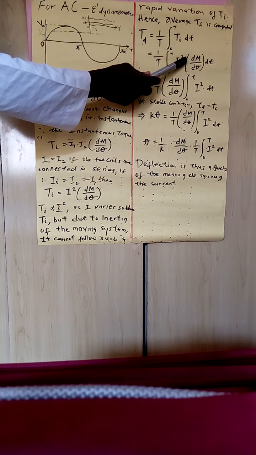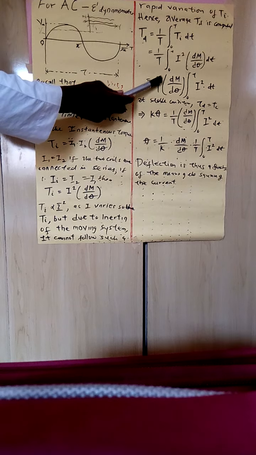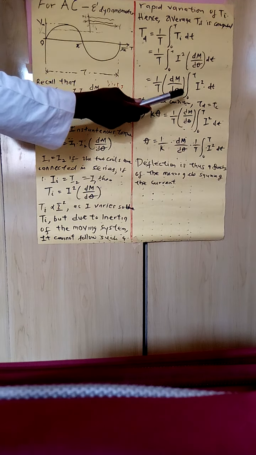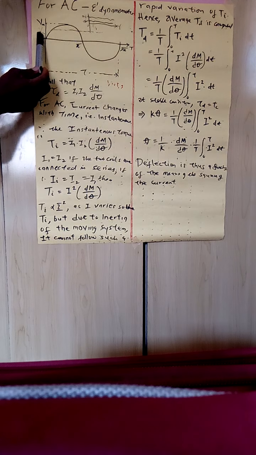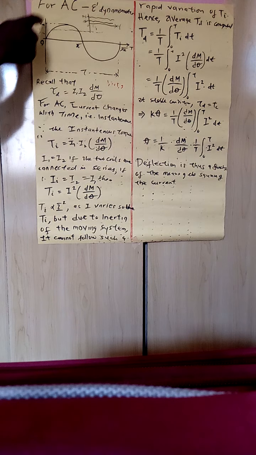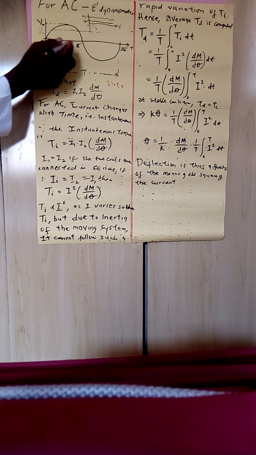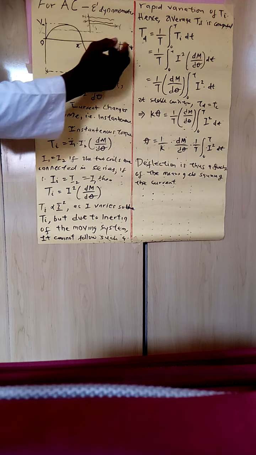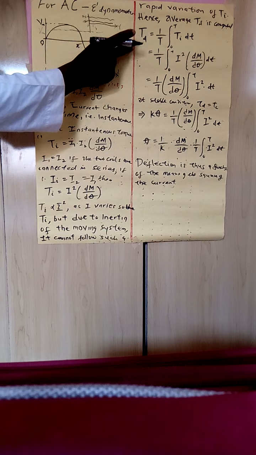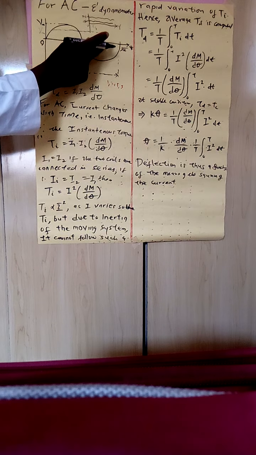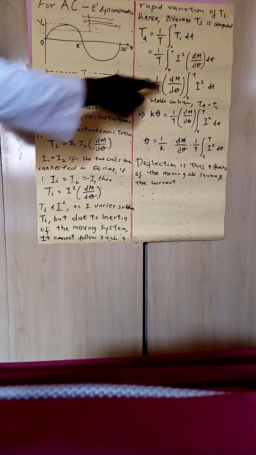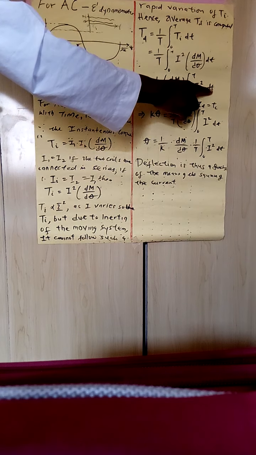The V or the AC changes with time from 0 to π to 3π. This is our time, so that makes this the independent variable, and this one the dependent variable.